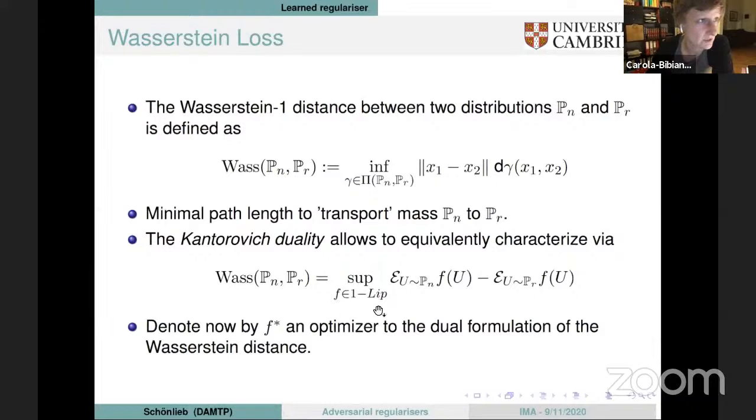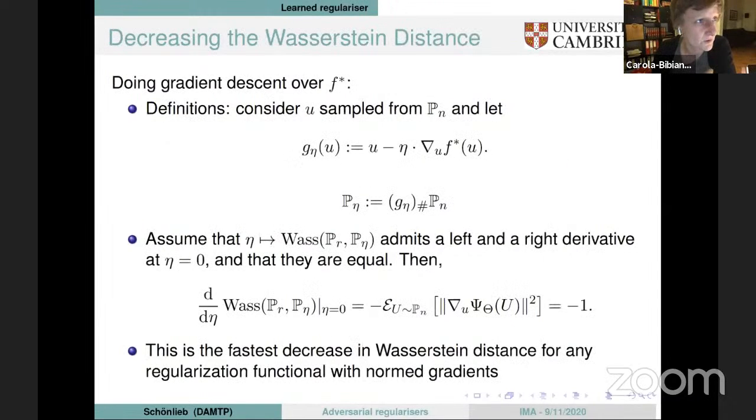I'm modeling it as a one Lipschitz function such that when I feed the regularizer F with samples from my noisy distribution Pn, the regularizer should be large, because it should not like this, right? I'm minimizing F in this case. And if I feed it with samples from my distribution PR, then it should be small, okay? And F star is then my maximizer, okay?